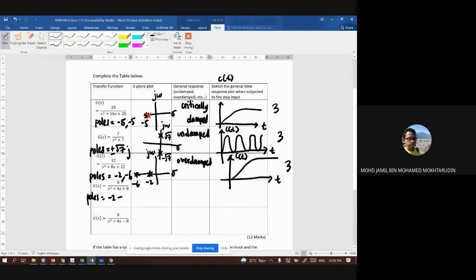So you get poles equals -2 plus minus 2j. If you sketch on the S-plane, this is 2, this is -2, and -2, so it's somewhere here. So this is underdamped.